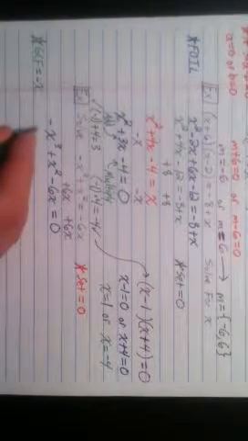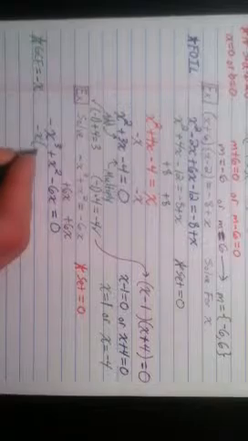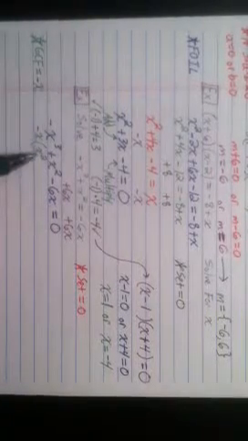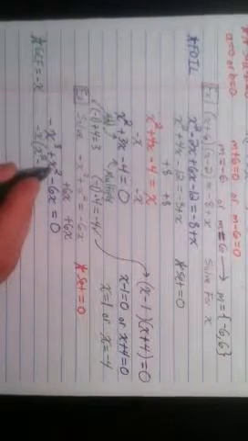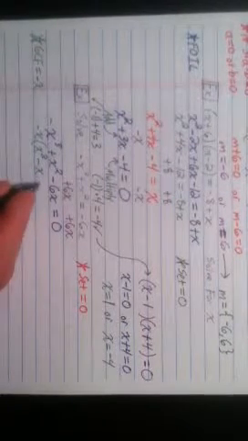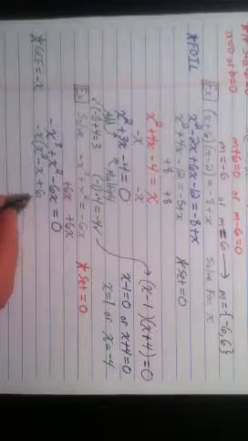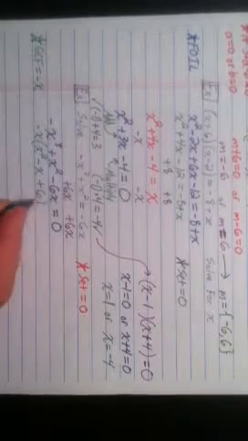That is going to give us negative x, parentheses. It's going to leave us an x squared, because negative x times x squared would give us negative x cubed. Negative x times another negative x would give us positive x squared. And a negative x times a positive 6 would give us negative 6x.